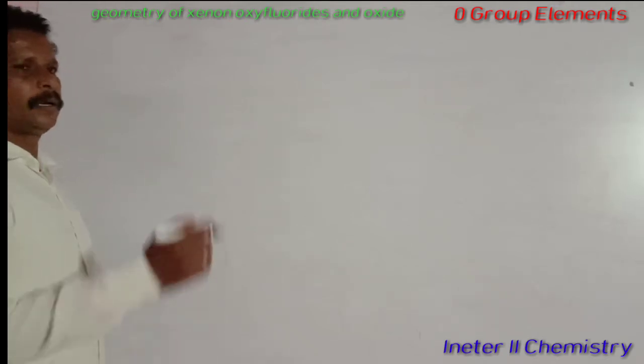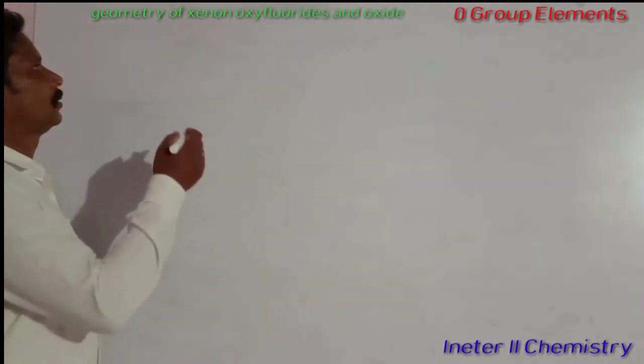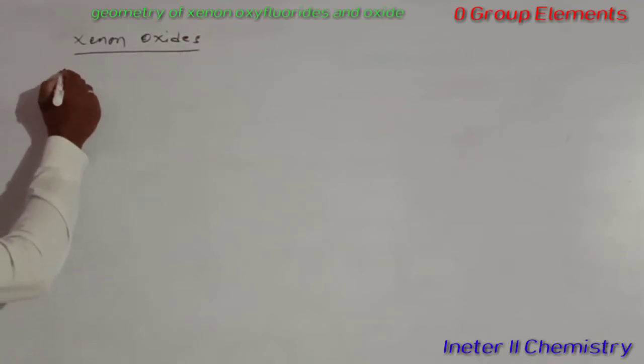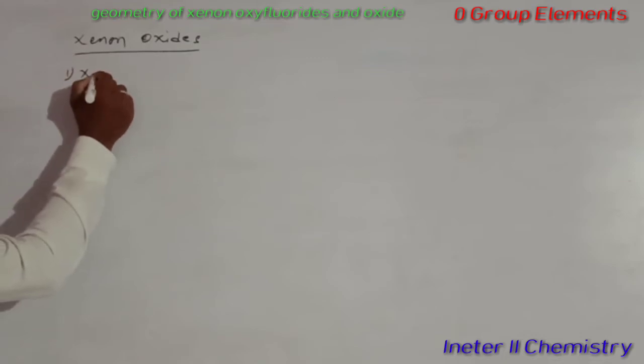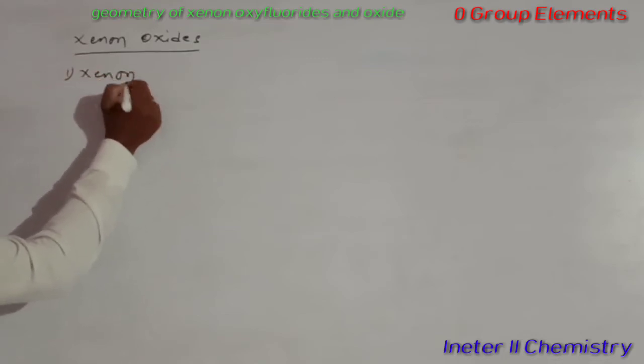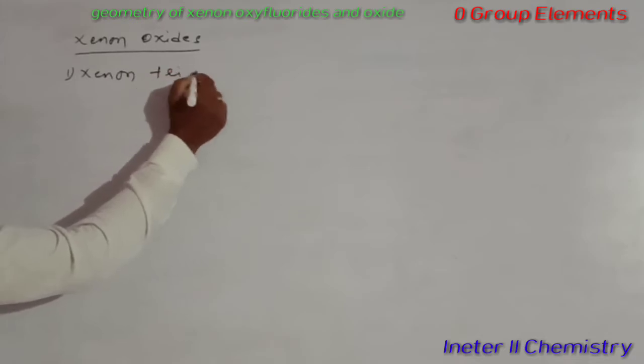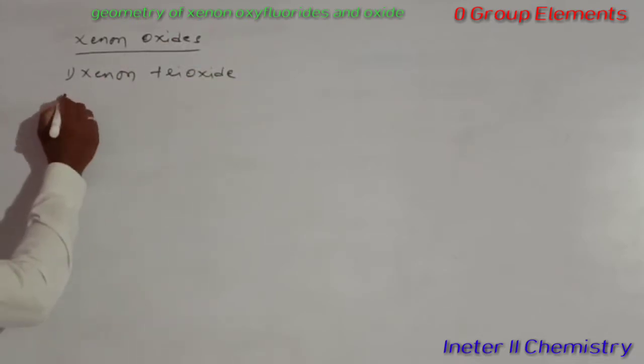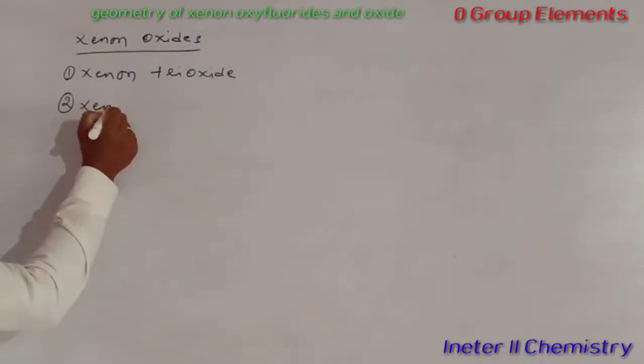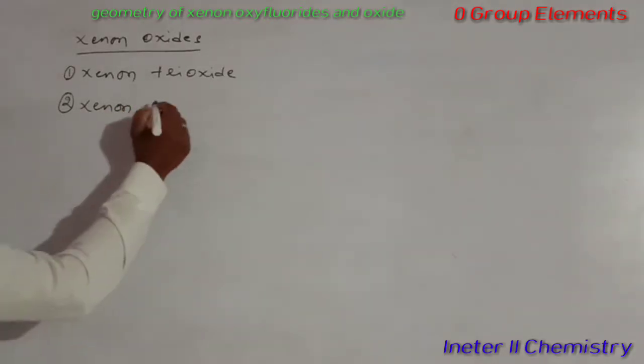Yes, next compound, xenon oxides. Xenon can form two types of oxides. One is xenon trioxide, and the second one is xenon tetroxide.